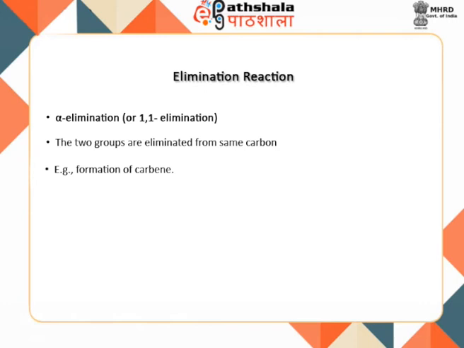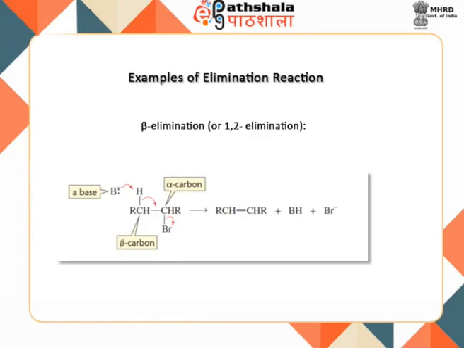In the formation of carbene, as shown here, it can be seen that both the chlorine atoms are removed from the same carbon. On the other hand, dehydrohalogenation of alkyl halide in the presence of base to give alkenes is a beta elimination reaction.